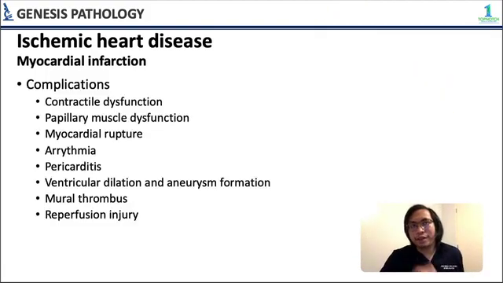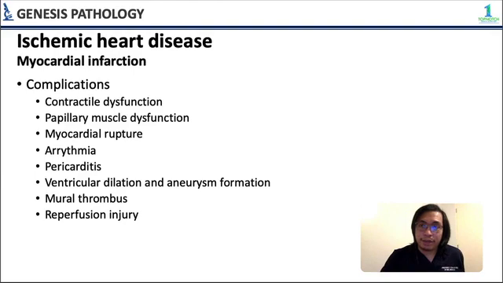So, we have a lot of complications in your myocardial infarction. No? We have contractile dysfunction, papillary muscle dysfunction, myocardial rupture, arrhythmia, pericarditis, ventricular dilatation, aneurysm formation, mural thrombus, and reperfusion injury. It makes sense, di ba? Contractile dysfunction.